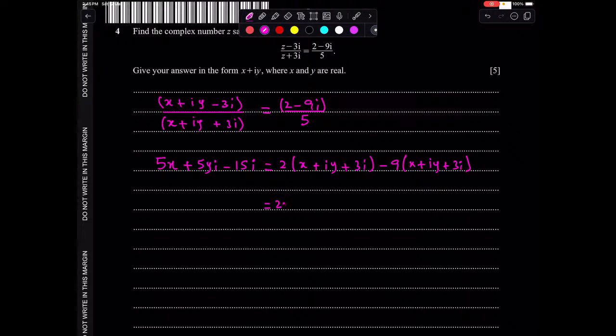So 2x, this is 9i, plus 2yi, 6i, 9xi, minus 9yi square, minus 27i square.